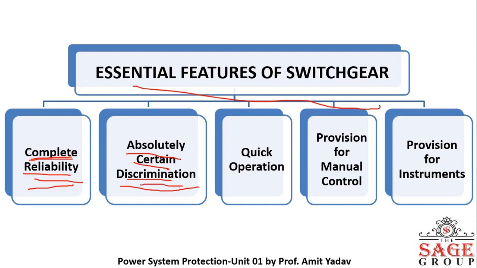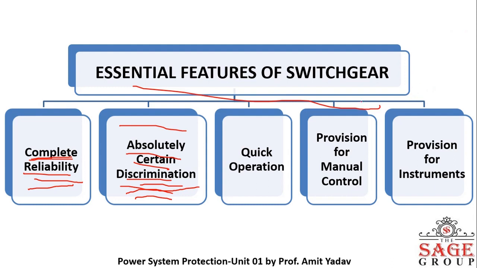The switchgears connected in our system have to differentiate whether the system is in fault or in healthy condition. When the system is in fault condition, the switchgear will work and disconnect the system, but when the system is in healthy condition, it will not trip the system. So absolute certain discrimination is also a very essential feature of switchgear.